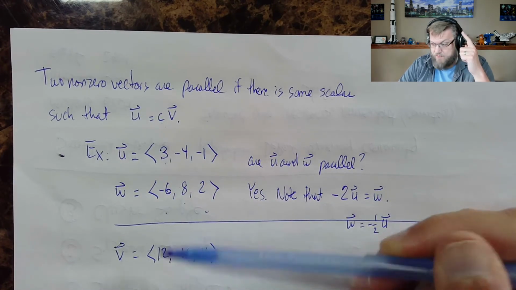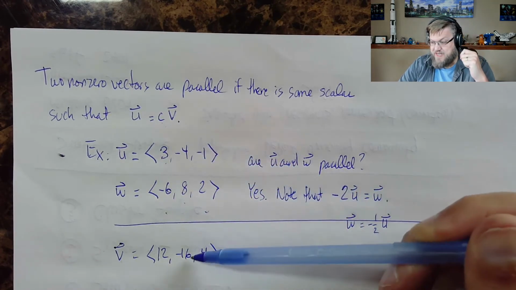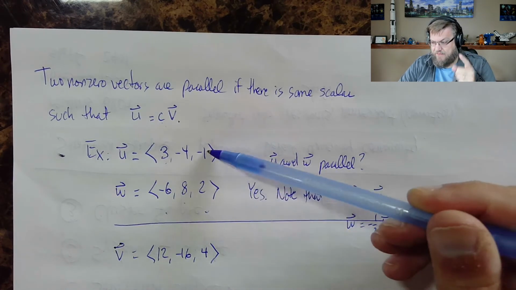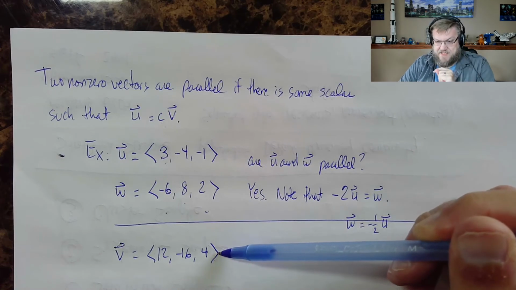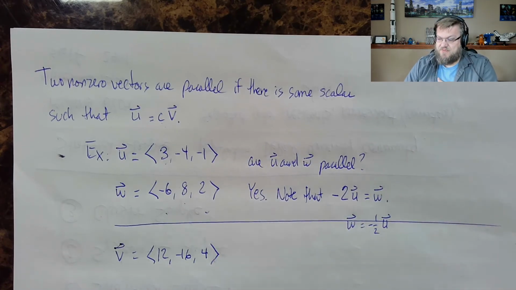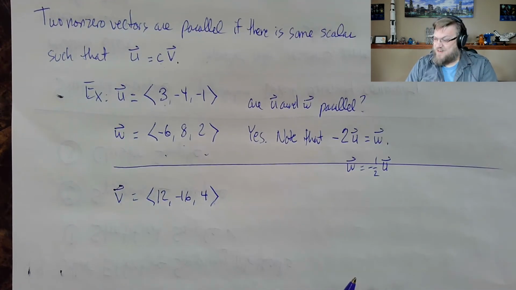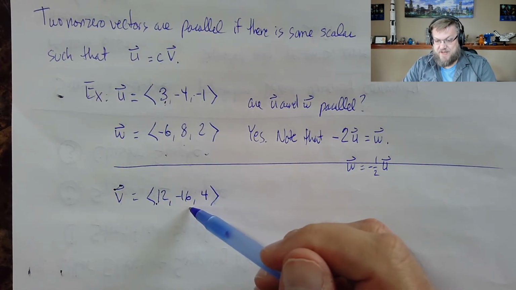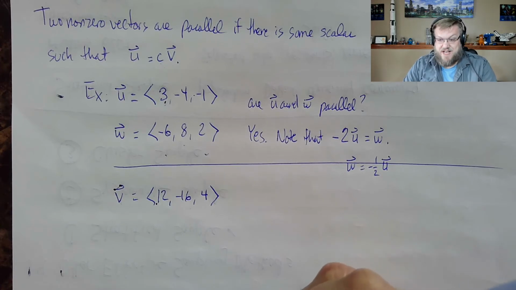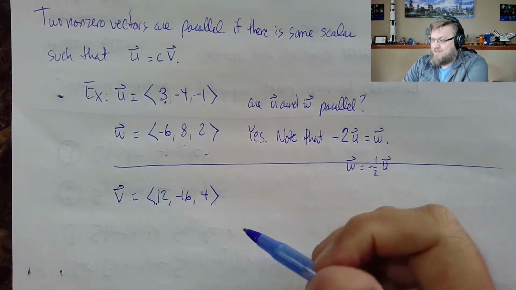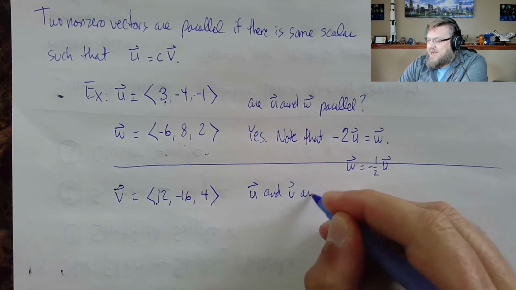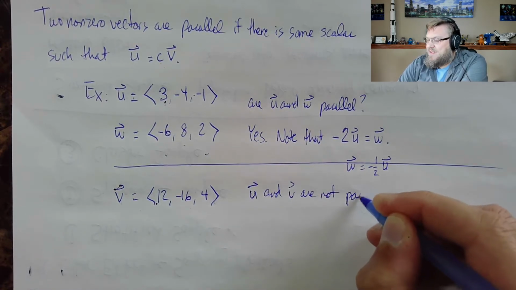So I'm thinking 4. -4 times 4 is -16. -1 times 4 is -4, but this is +4. So therefore, 4 does not work. But 4 was the only possible thing that it could have been. The only thing I can conclude now is that u and v are not parallel. U and v are not parallel, right?